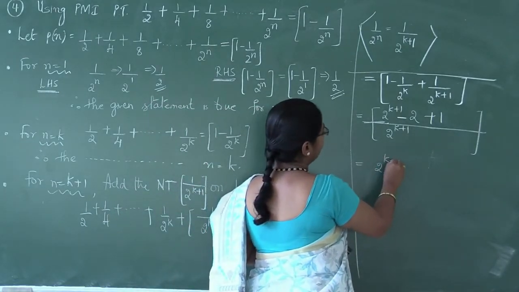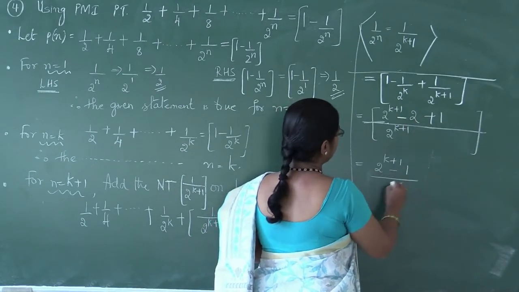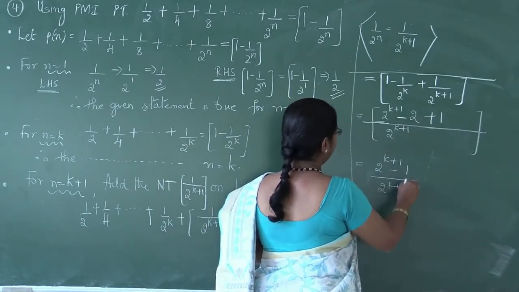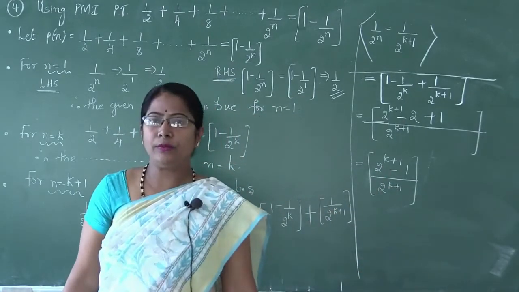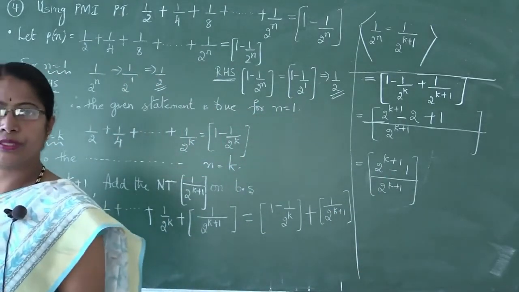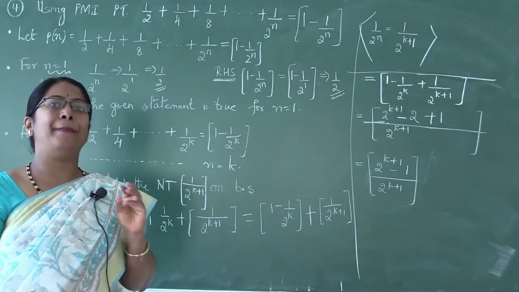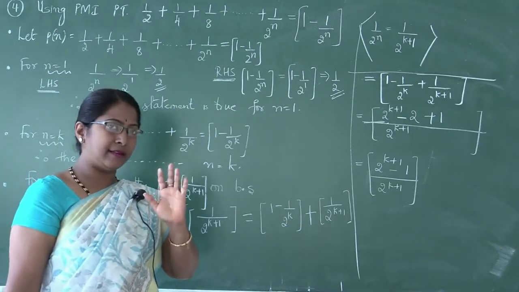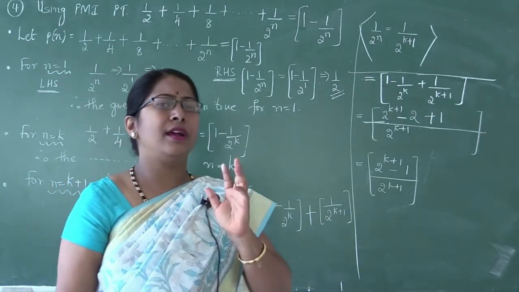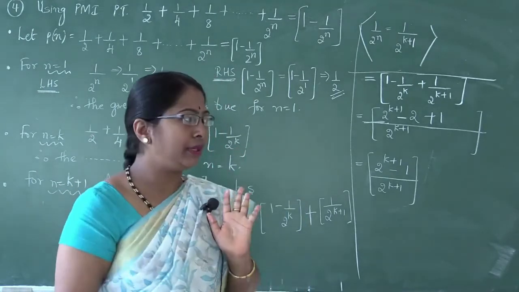So what is left out after simplifying? 2 power k plus 1, 1 minus 2 will be minus 1, whole thing divided by 2 power k plus 1. Now, when you observe the numerator term, how many terms are there in the numerator? 2 terms. One is 2 power k plus 1 minus 1, and in the denominator I have one term itself, that is 2 power k plus 1. Divide each term of numerator by denominator.